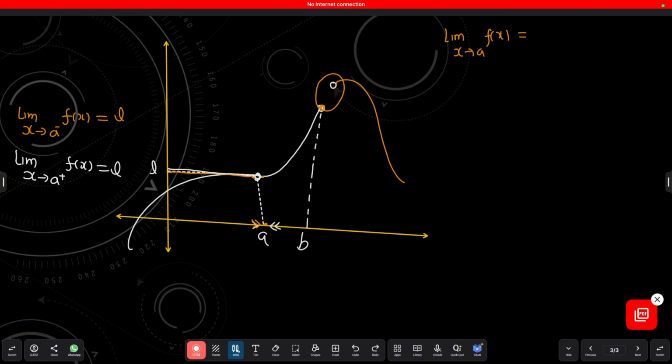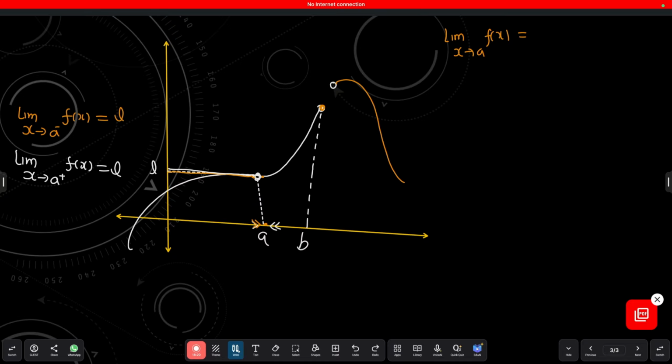This much gap is not ignorable now, because infinite points are there. But in the previous situation, only one point is left. So that we can ignore. So if the gap is ignorable, then the limit exists and is finite. But here in this situation at B, the gap is not ignorable. It means at B, this limit does not exist.